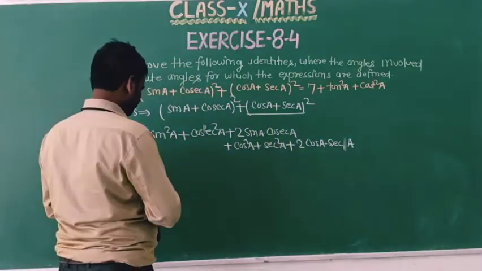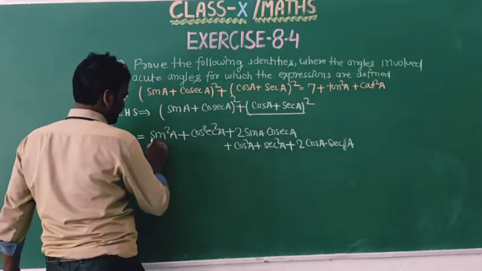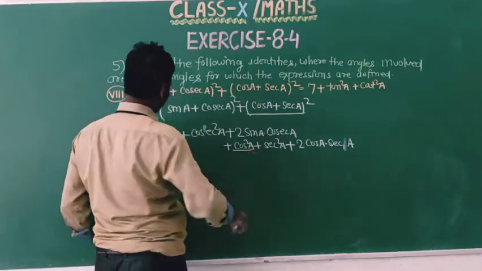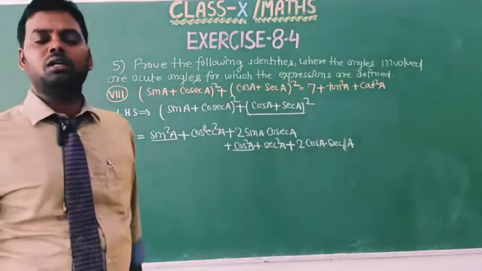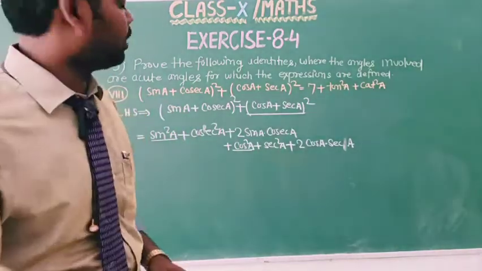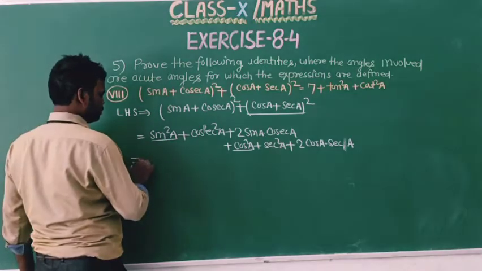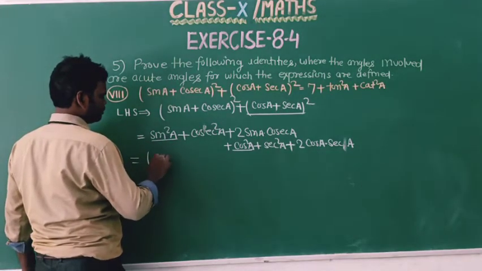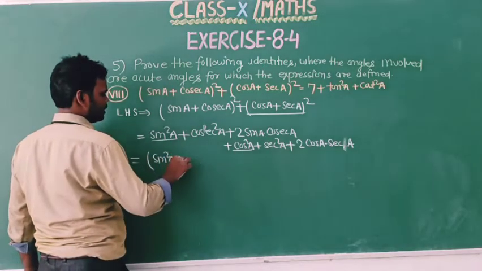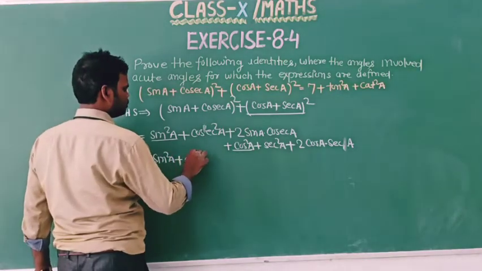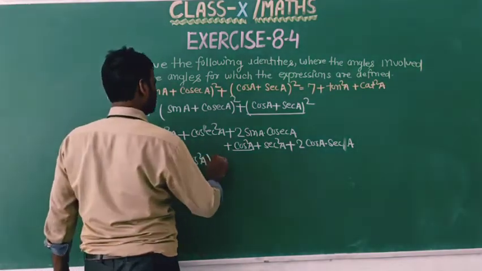Combining sin square and cos square, using the identity sin square theta plus cos square theta equal to 1, this is sin square a plus cos square a.